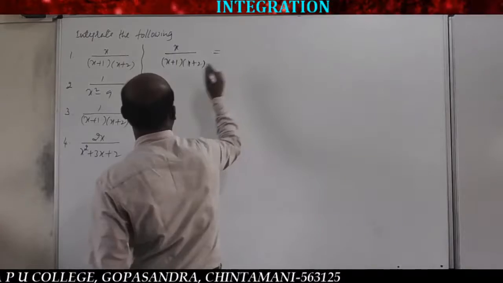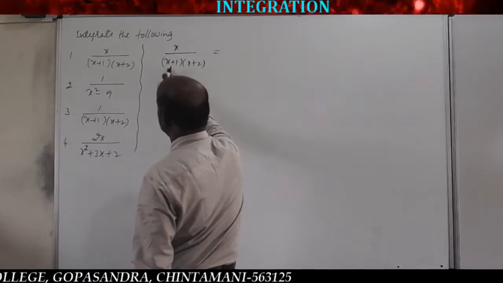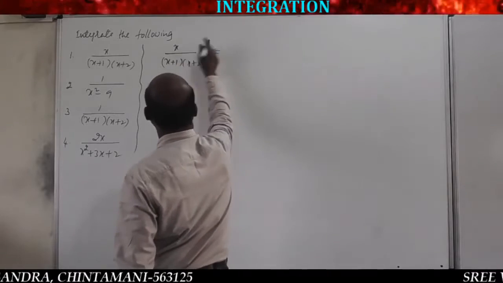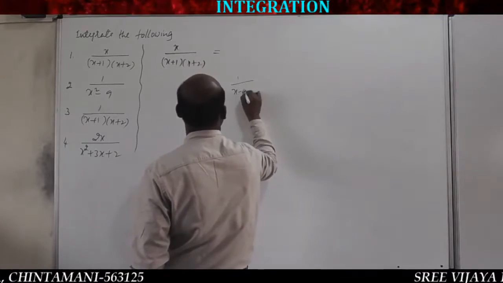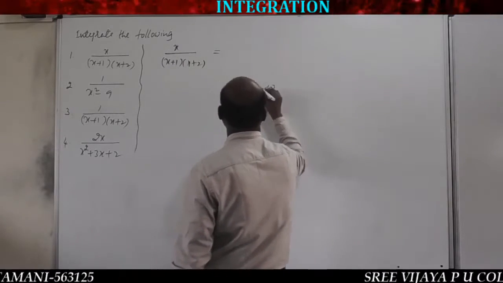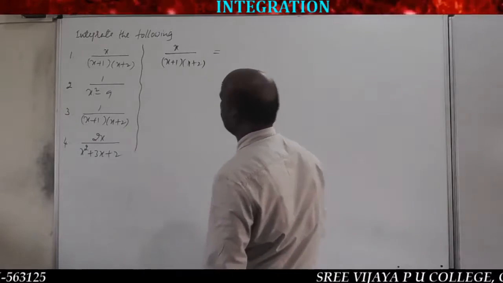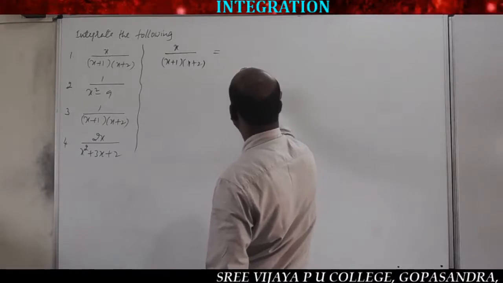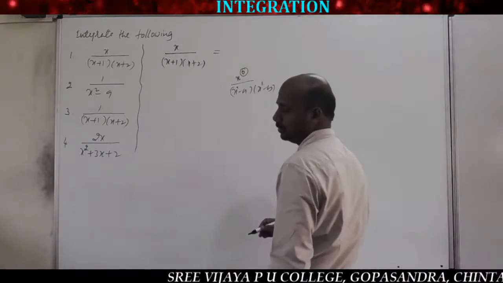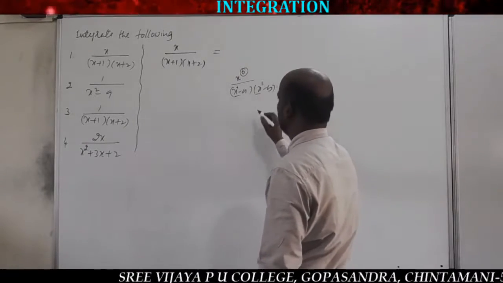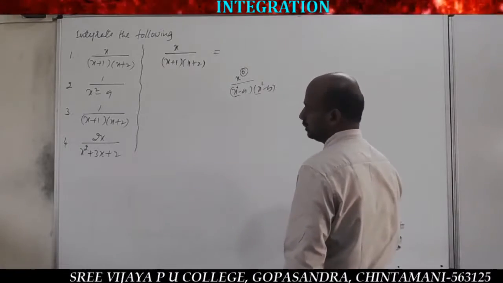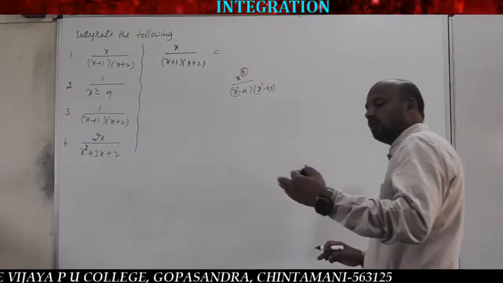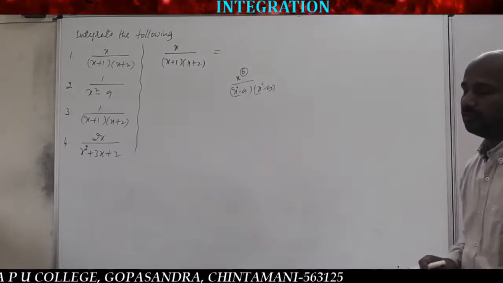So the first one, we have 1 upon x minus a into x minus b form. Here we take 1 upon x minus a into x minus b. This 1 can be taken as x power of 0. So the degree of numerator is 0, and the degree of denominator is 1 plus 1, that is 2, since x into x is x square. Degree of numerator is less than the degree of denominator.